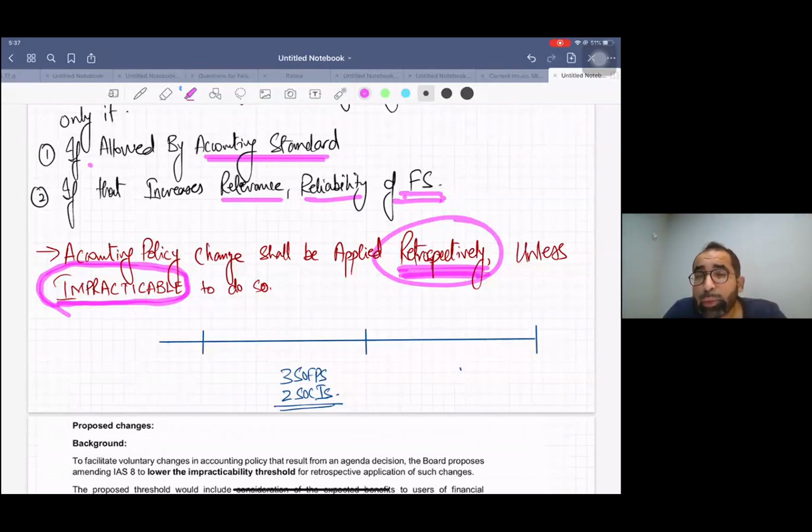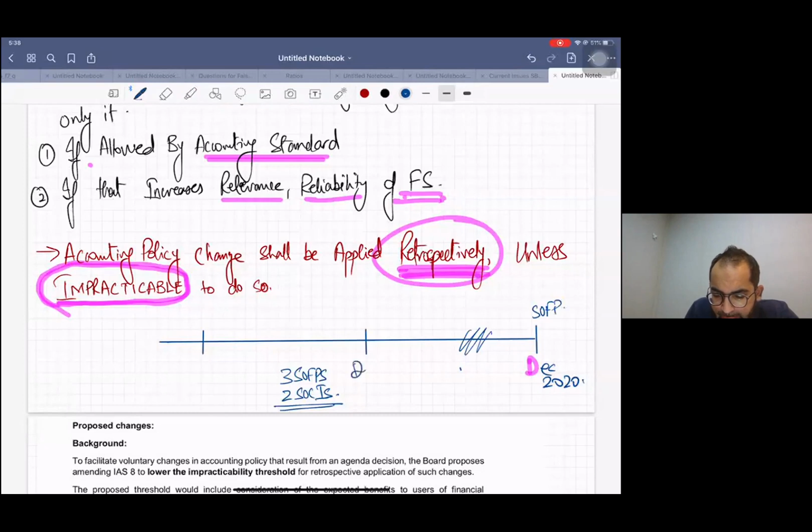For example, if you are getting the financial statements of December 2020, you will get the SOFP of December 2020 as well as December 2019 and December 2018. So you get 3 SOFPs and 2 SOCIs.